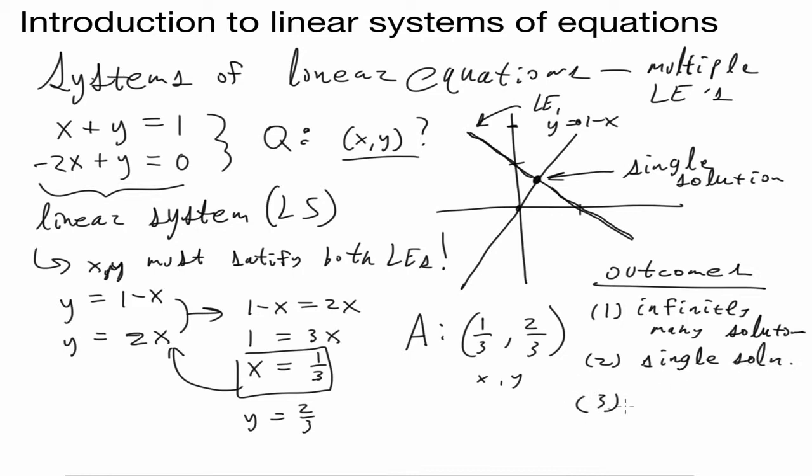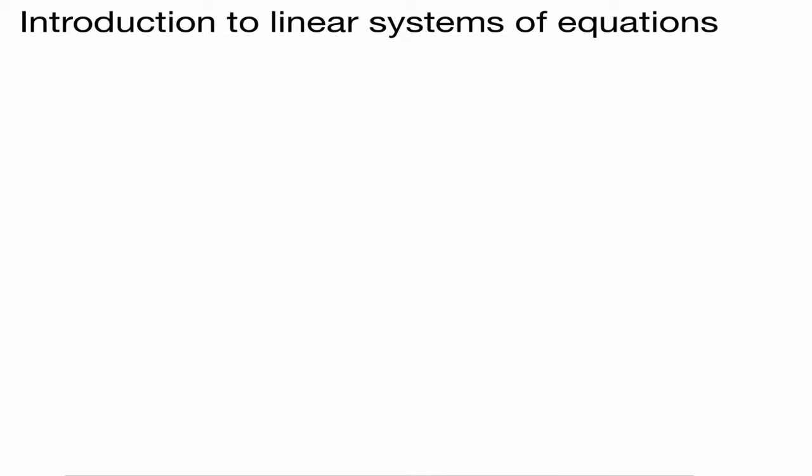Okay, and it begs the question then, what about none? And it turns out that is also a viable answer for a particular linear system. So let's now see if we can find that third outcome by switching to yet another linear system.